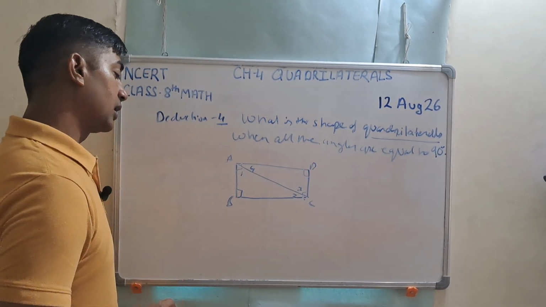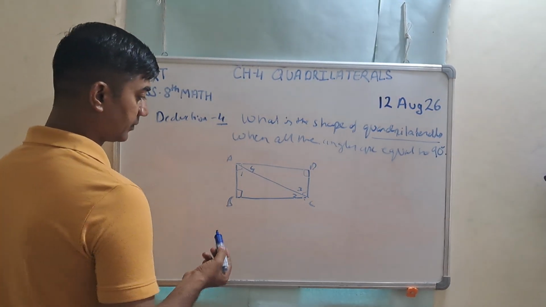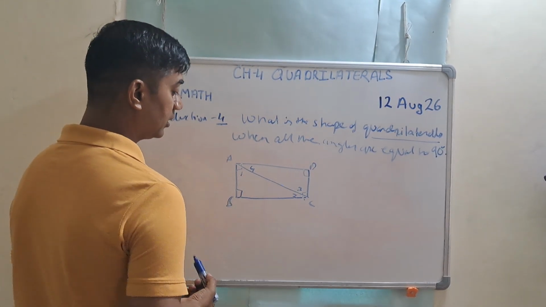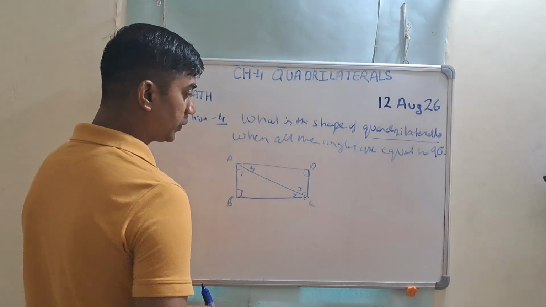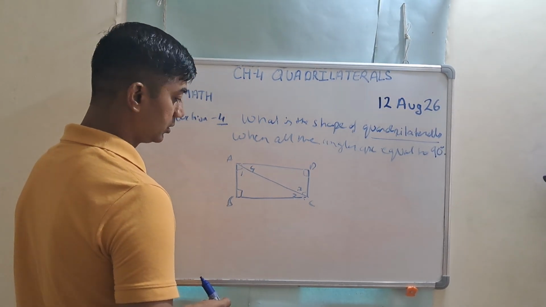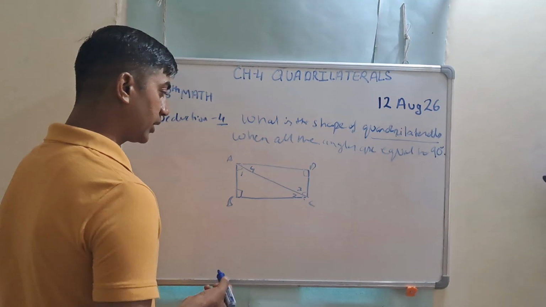What we conclude is that angle 3 is equal to angle 1 and angle 4 is equal to angle 2. How do we conclude that?